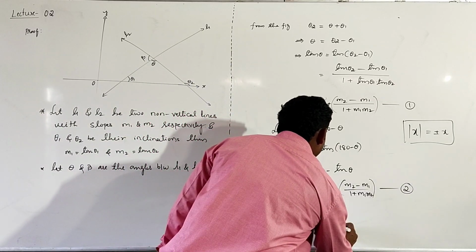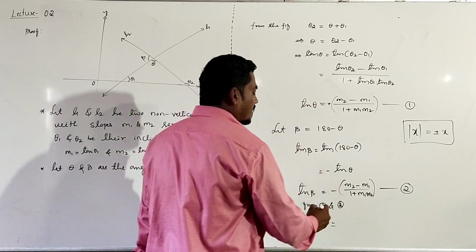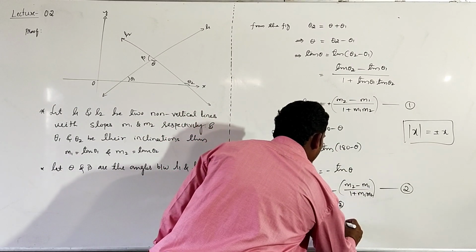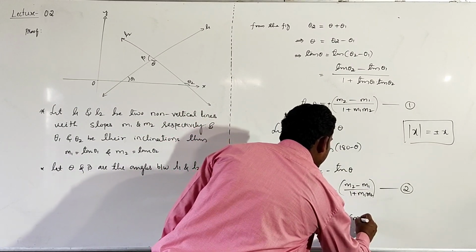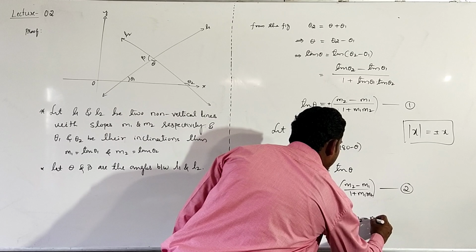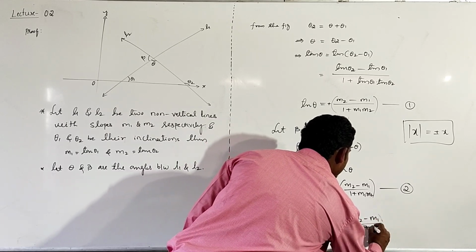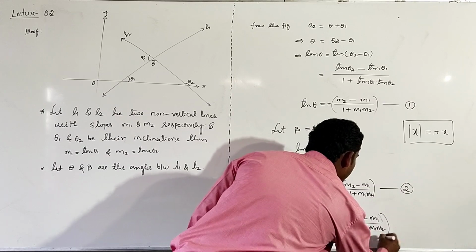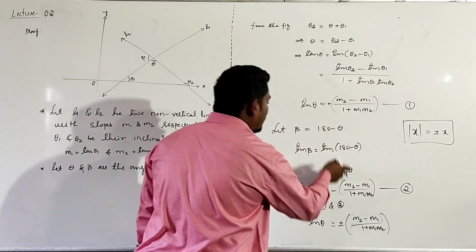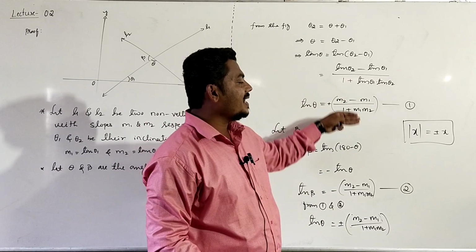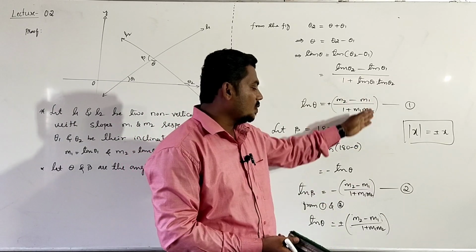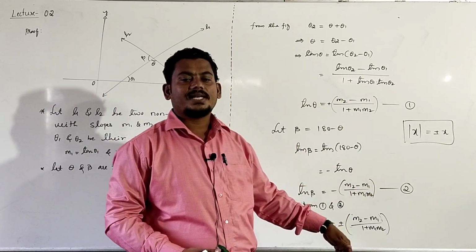So tan theta is equal to, if you club these two, plus or minus m2 minus m1 divided by 1 plus m1 into m2, right? Plus or minus, combining 1 and 2. If you combine these two, then you get the plus or minus sign.